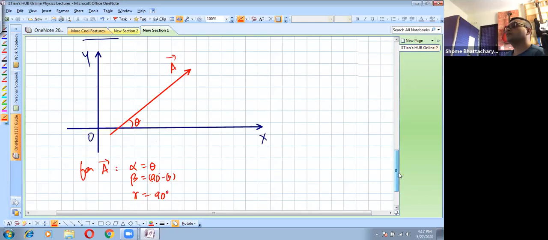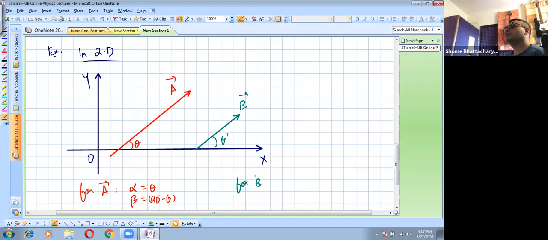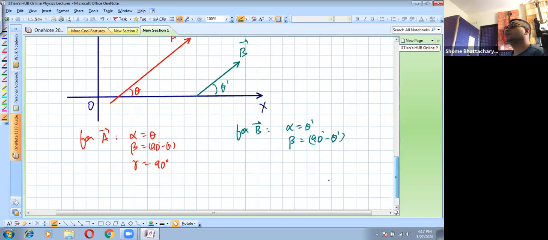Now, if I draw another vector, say the vector B like this, this is at an angle theta prime. So for B, alpha is equal to theta prime, beta is equal to 90 minus theta prime, and gamma becomes equal to 90 degrees.